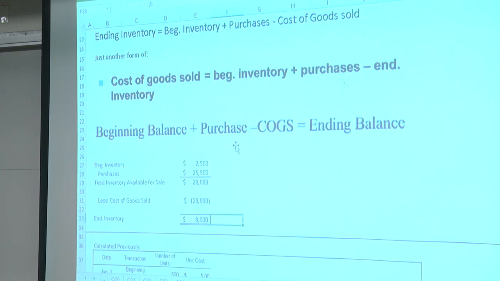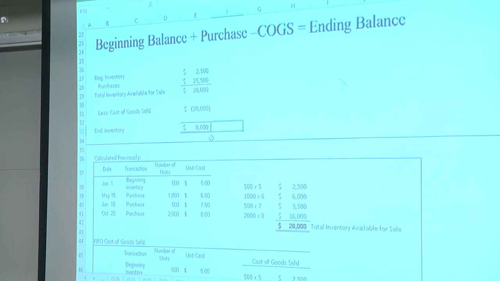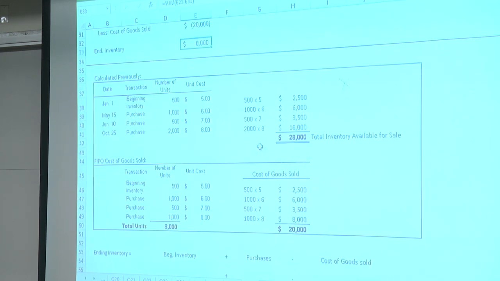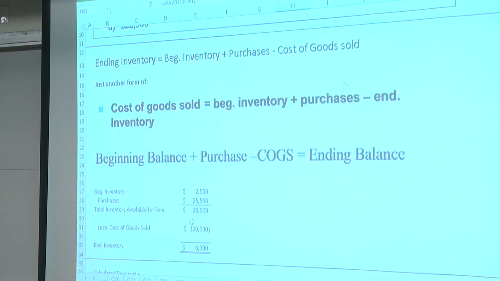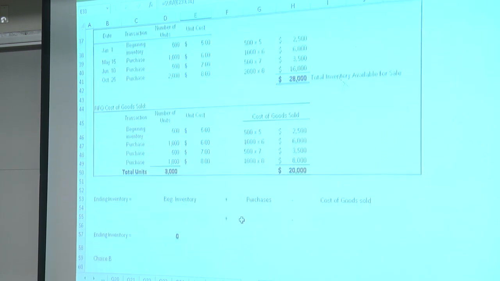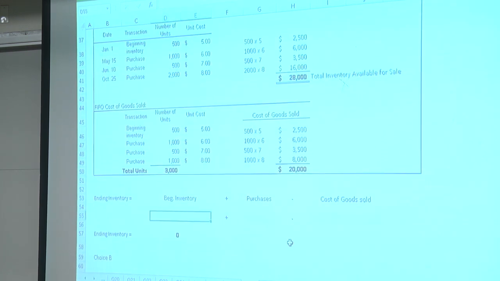For this question too, you could do this using the chart that I gave you earlier. And over here, we had total inventory available for sale of 28,000 minus our cost of goods sold left us with 8,000. If you're more comfortable with the formulas, we'll work through that. So ending inventory is going to be beginning inventory, which was our 2,500. Actually, let me just use the formula so you could see where I'm going.